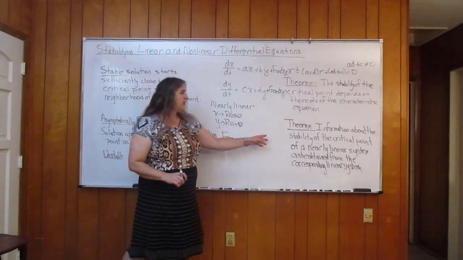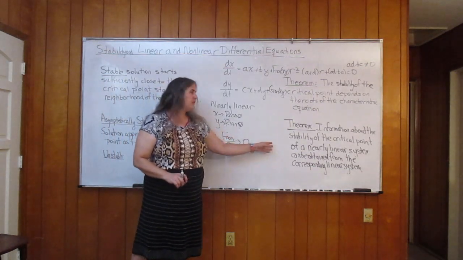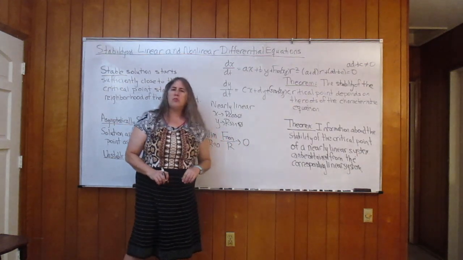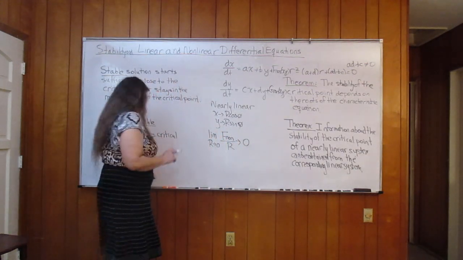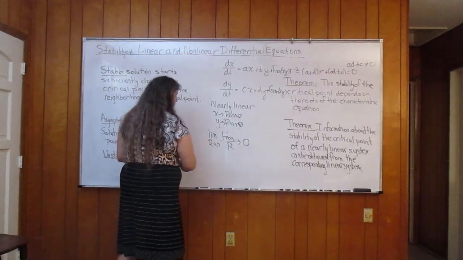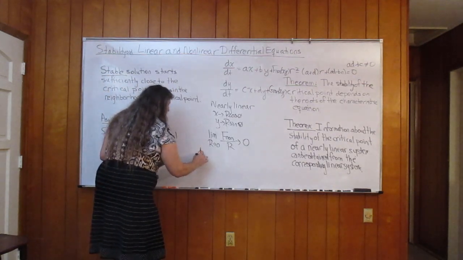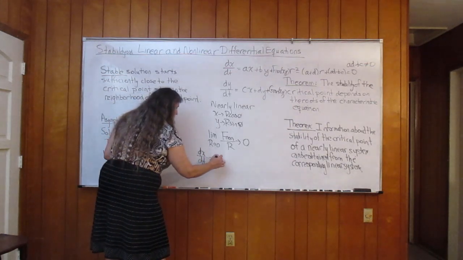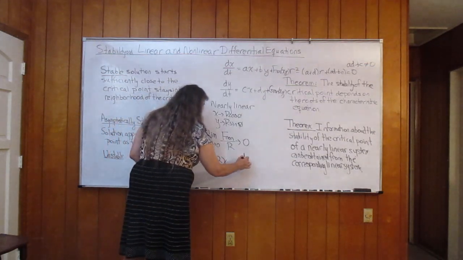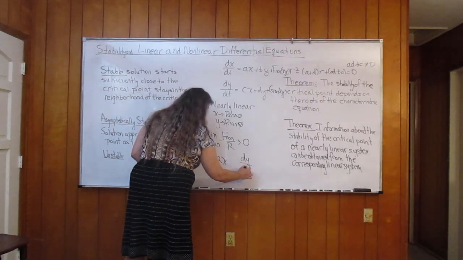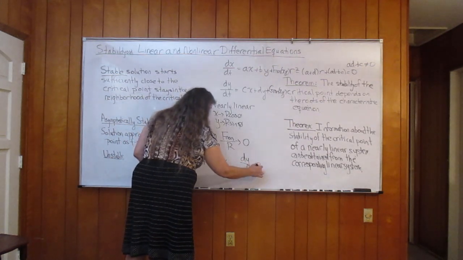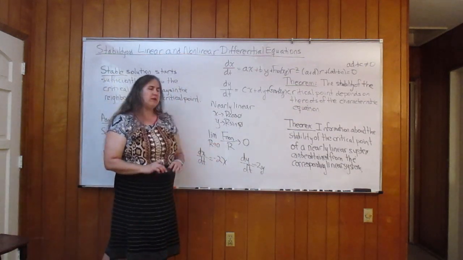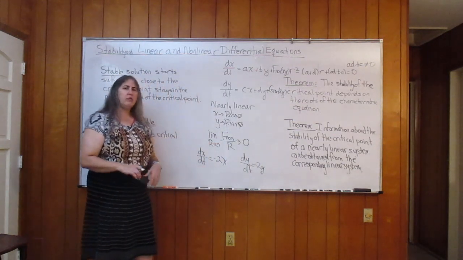There's a theorem that tells you that the information about the stability of the critical point of a nearly linear system can be obtained from the corresponding linear system. So what do I mean by that in particular? Well, recall, we just looked at this linear autonomous system: dx/dt = −2x, and dy/dt = −2y.